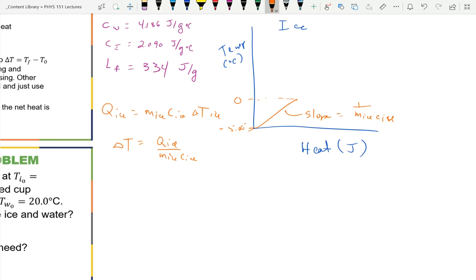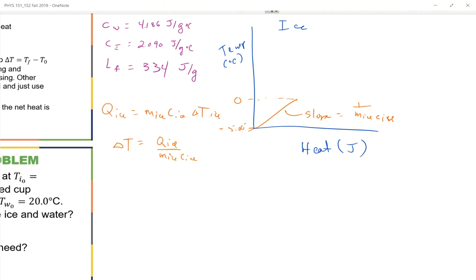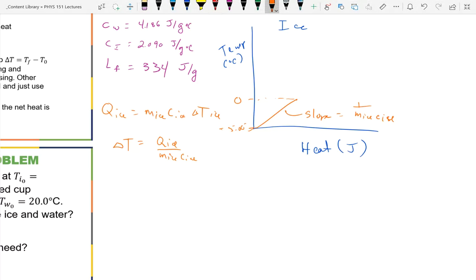It starts melting. And so during melting, I'm going to put subscript M there, equal to the mass of the ice times the latent heat of fusion for the water at constant temperature. So it's going to go like this as you continue to add in heat until it completely melts.